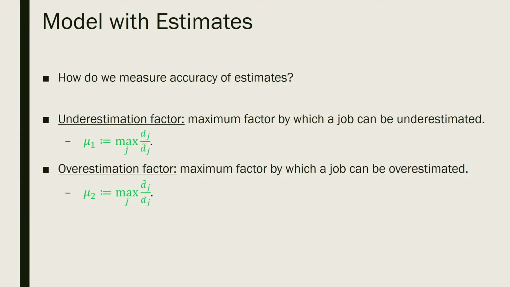The mu1 is the underestimation ratio, which means by how much the estimation is lower than the actual time, and the overestimation is exactly the opposite. I look at the worst stretch over overestimation and underestimation, and my error is going to be just the product of the two. This is the definition of my error measure.